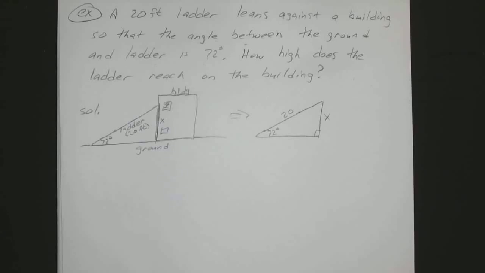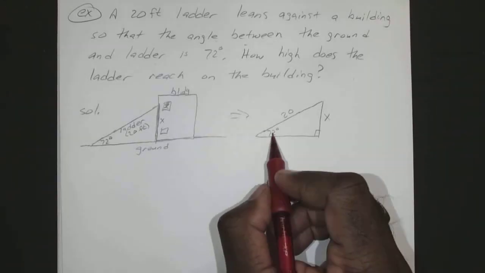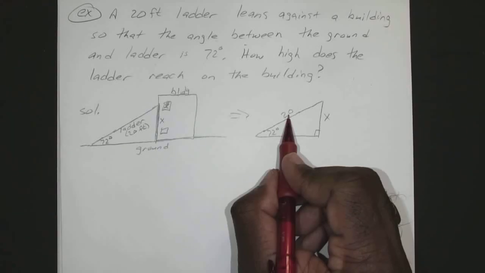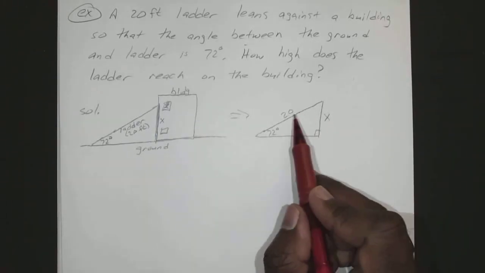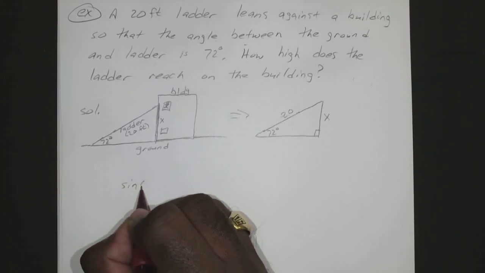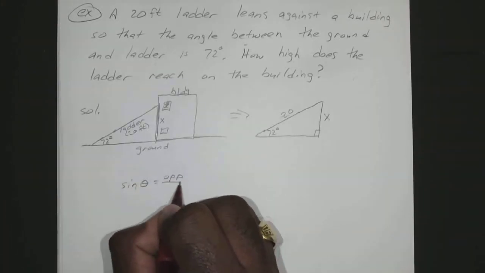Okay, so we've gone from the actual story problem to a triangle we've worked with before. We have our angle, we have our opposite of the angle, and we have our hypotenuse. Since we have our opposite and our hypotenuse, we're going to use sine. Remember, sine of theta is opposite over hypotenuse.